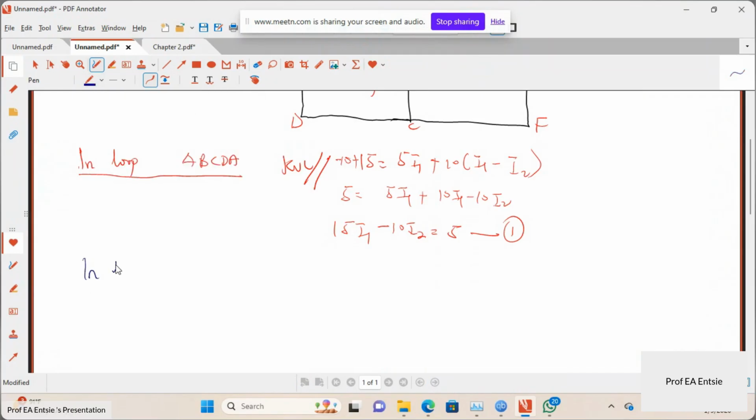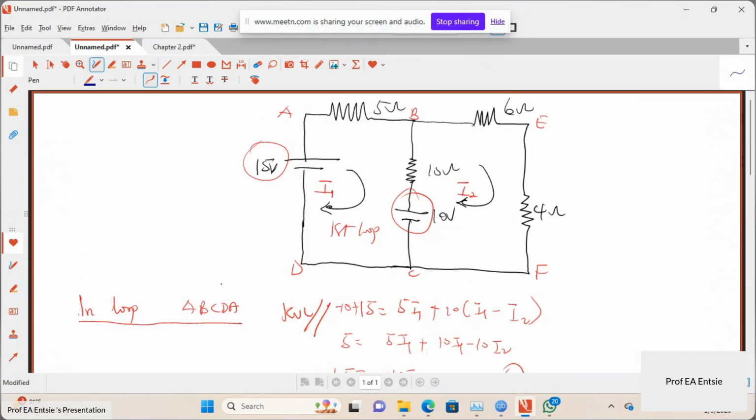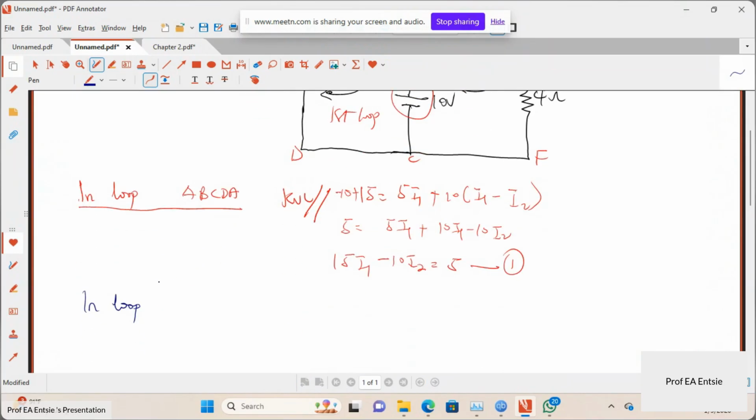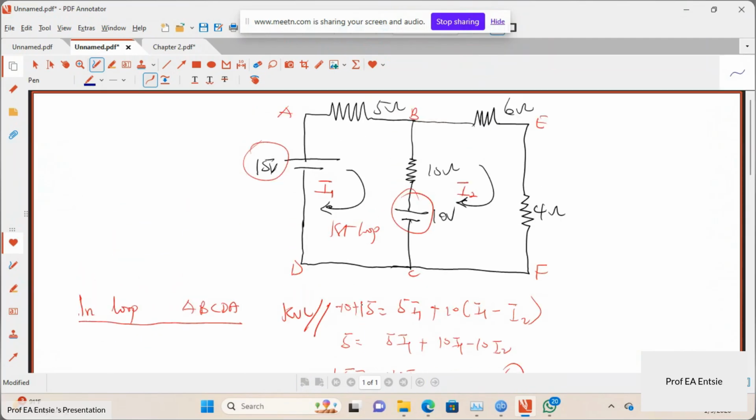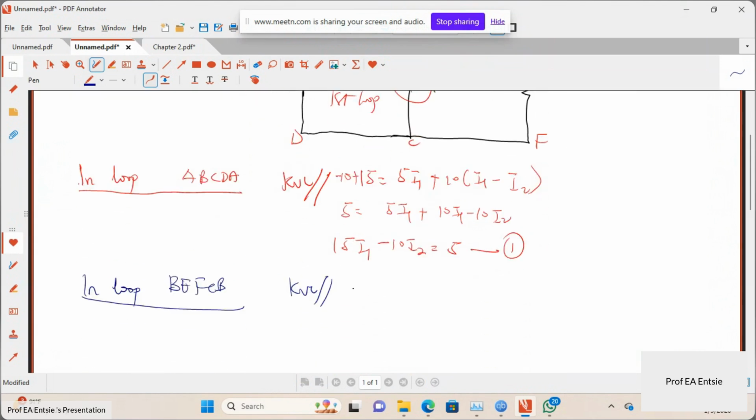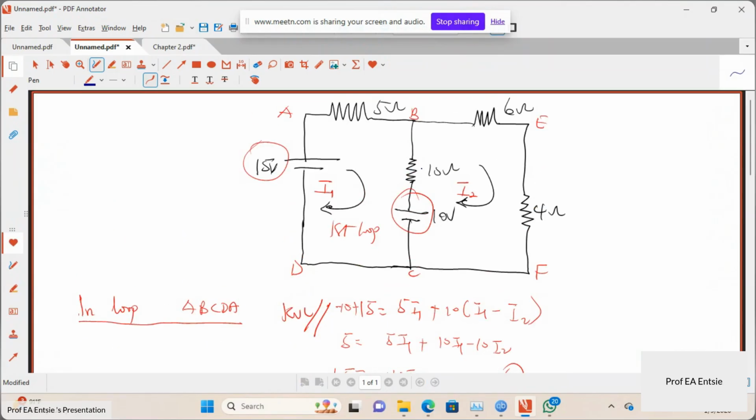Then I'll come to the second loop, in blue. That's BEFCB. KVL. The EMF will be only 10 volts because there is no other EMF. So 10 volts equals the sum of the voltage drops across the 6 ohms, 4 ohms, and 10 ohms.